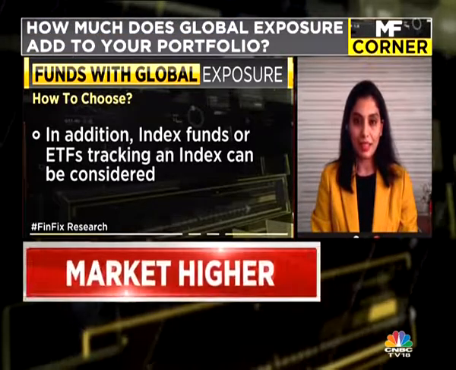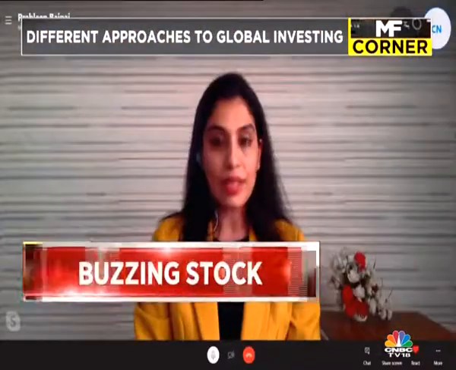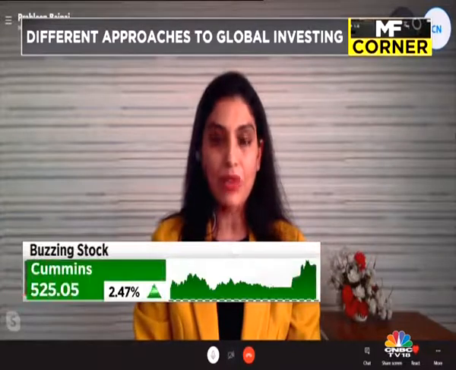Okay, what's an ideal time frame if you're looking to add global exposure to your portfolio, and how much should it be? So, Sumaira, just like Indian equities, if you're looking to invest abroad, the time horizon has to be 5 to 7 years.